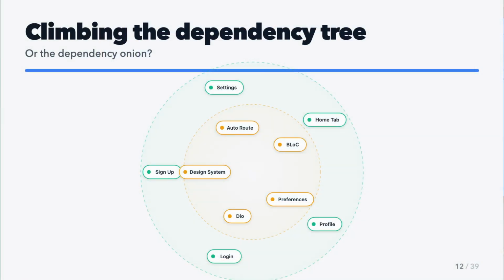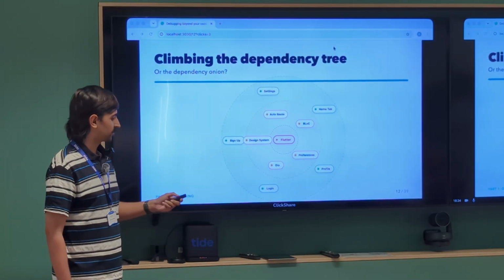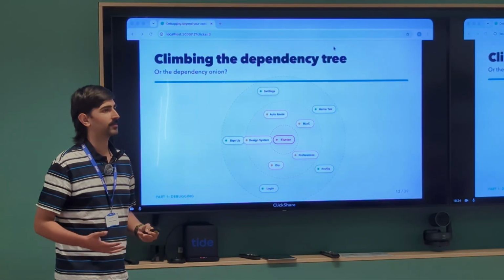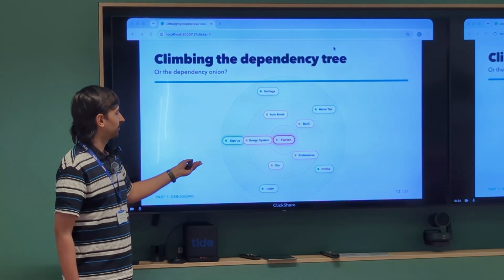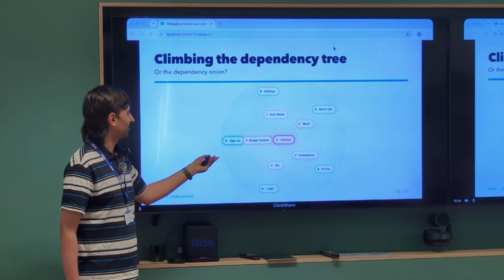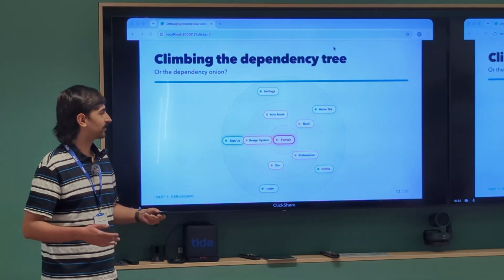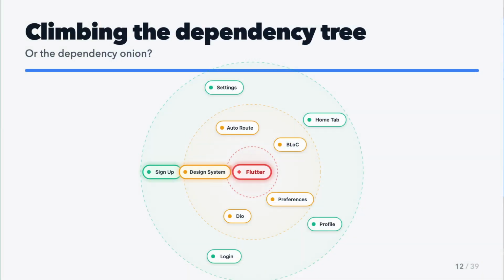We've got state management utilities, we've got auto route, we've got the design system inside. And then we realized that maybe this bug could live in the core of the stack, in Flutter. So this was our visual chain of trying to find where this bug lives. And now we suspect that it lives in Flutter, in the material effect for Material 3.